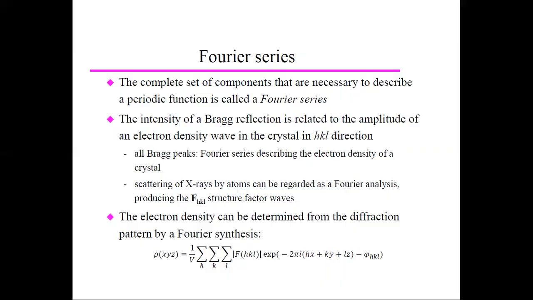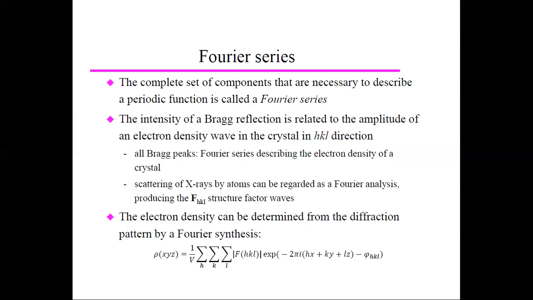Similarly, the electron density can be determined from the diffraction pattern by the Fourier transform. This is the equation of rho of x, y, z: 1 by V, summation over h, summation over k, summation over l, mod F of hkl, exponential of minus 2 pi i (hx plus ky plus lz) minus phi of hkl.